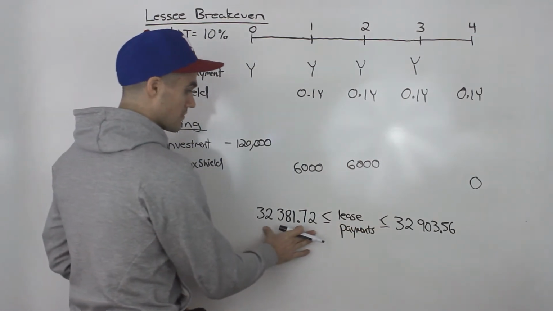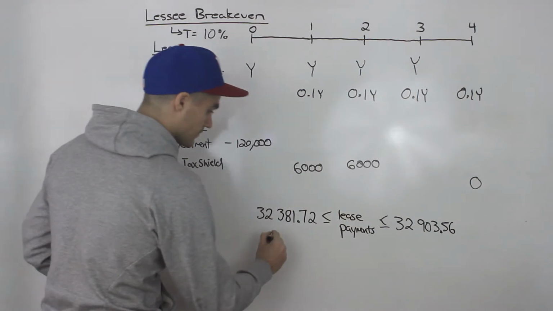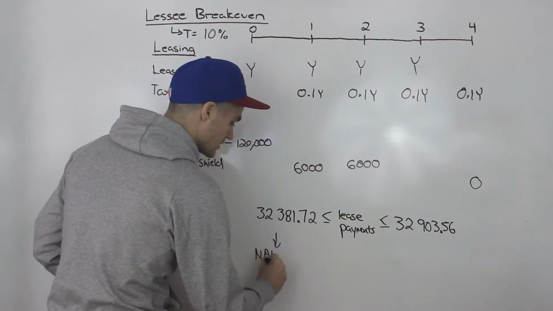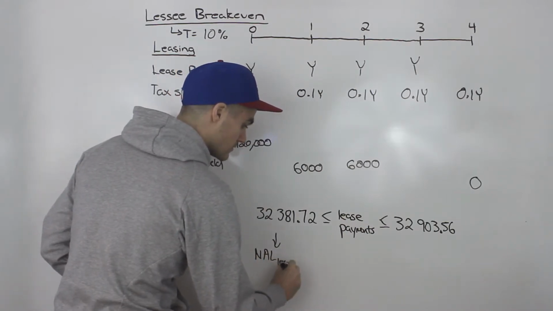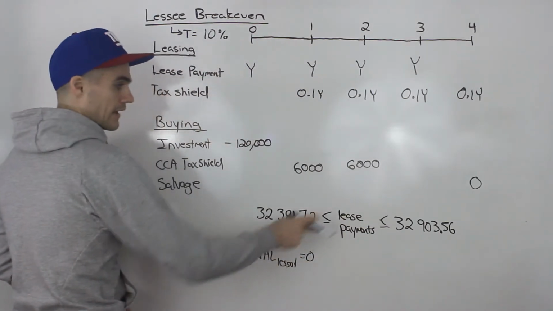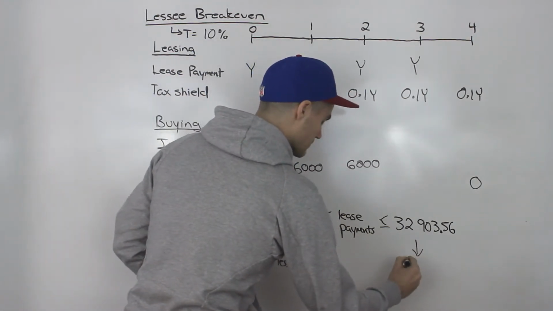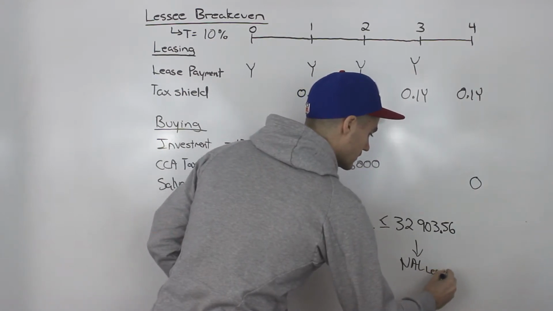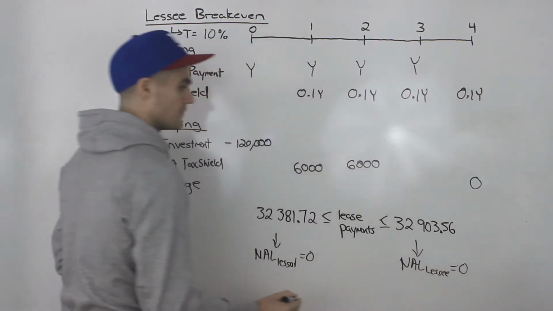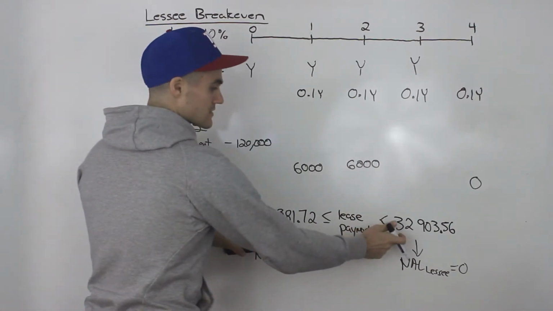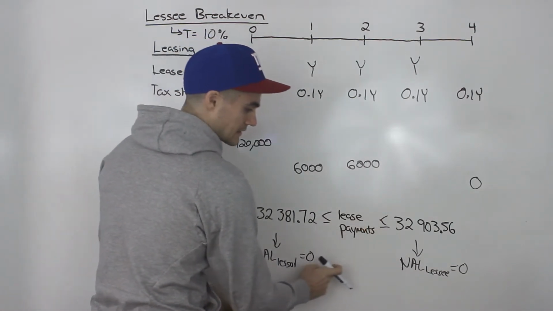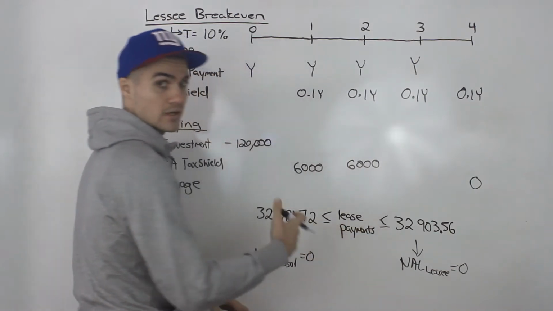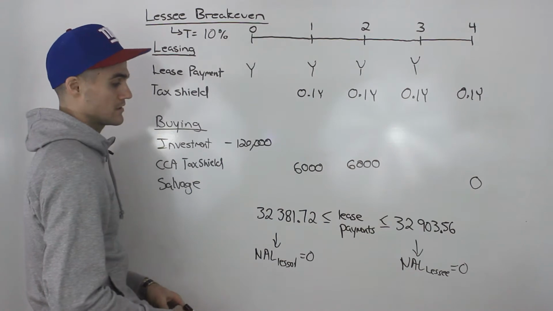And just as a recap, this payment here we got by finding when does the net advantage to leasing for the lessor equal 0. And then this payment we got by finding when does the net advantage to the lessee equal 0. And then this gave us a range of lease payments where basically the net advantage to leasing for both parties within this range is going to be positive.